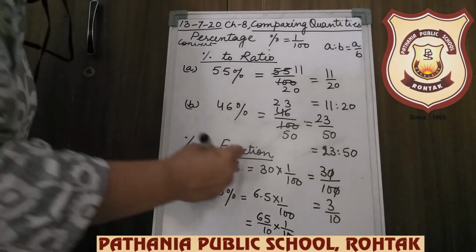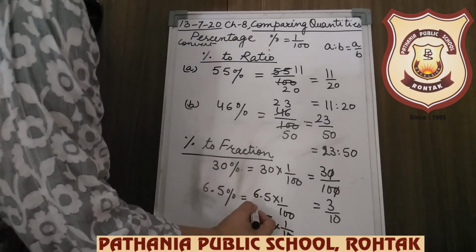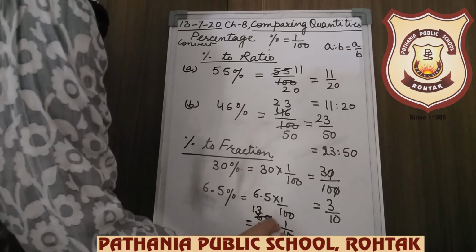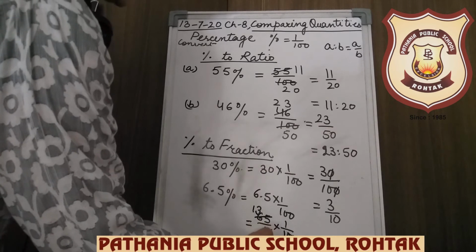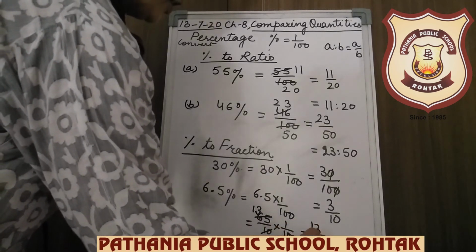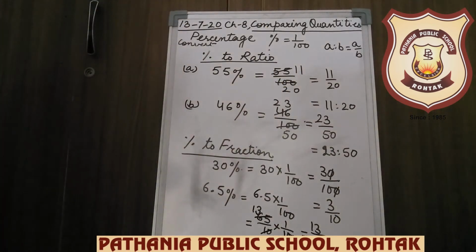Okay. Now reduce it. 5 ones and 5 threes and 5 twos. So this becomes 13 upon 200. In this manner, you are going to convert the percent to fraction.